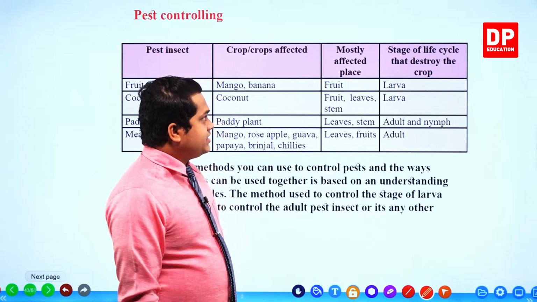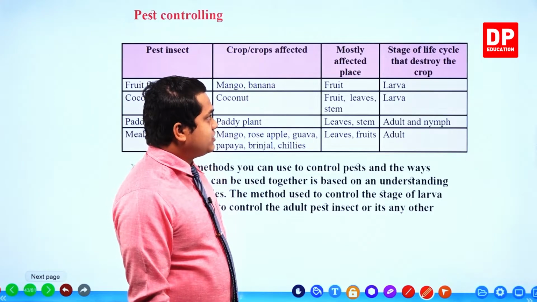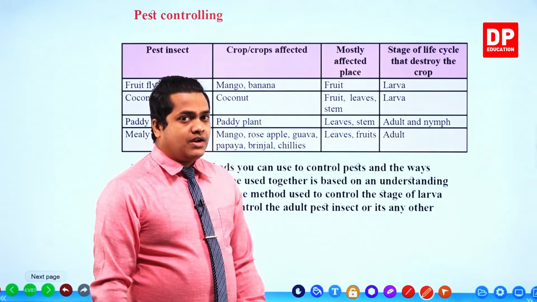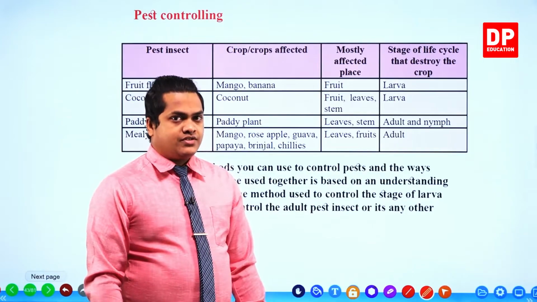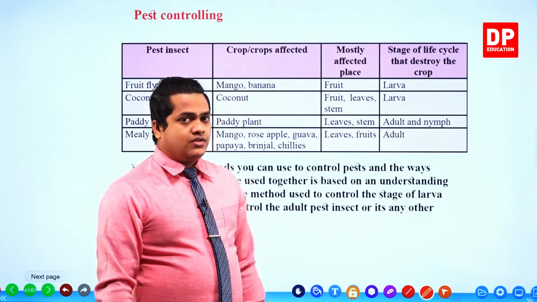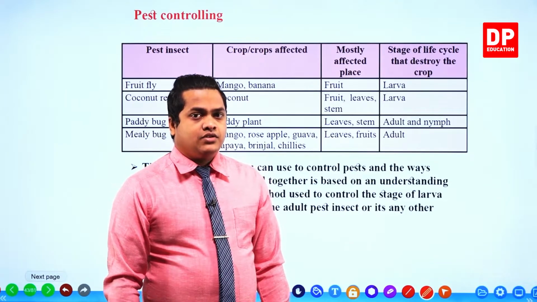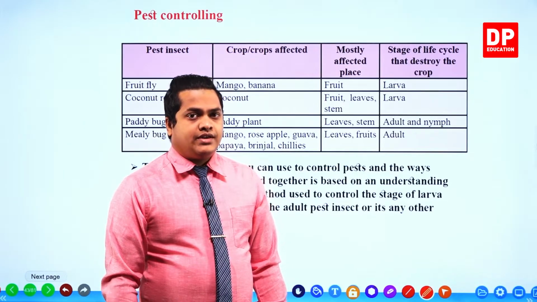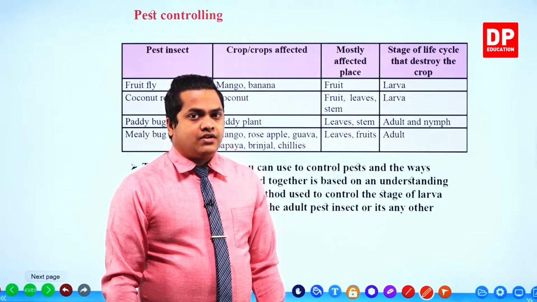The most affected parts of the plant are the leaves and the fruits. The adult mealybug is the one that eats these parts.